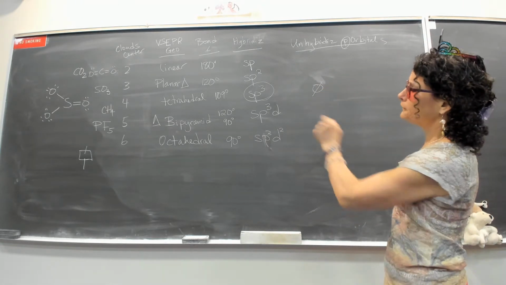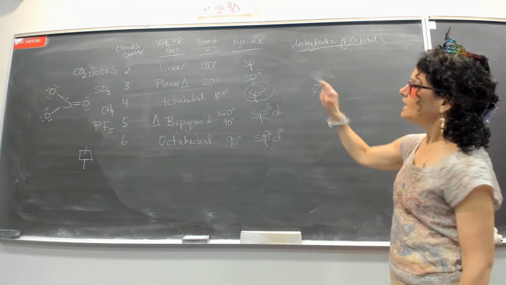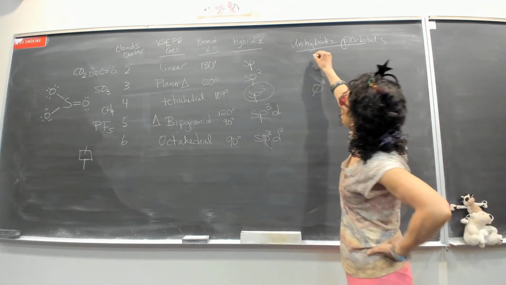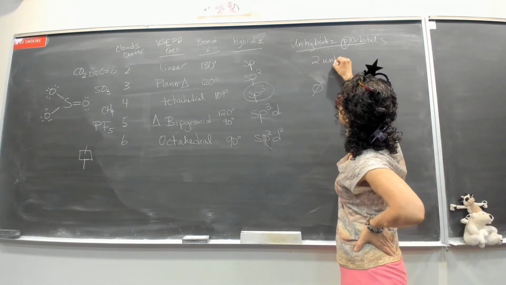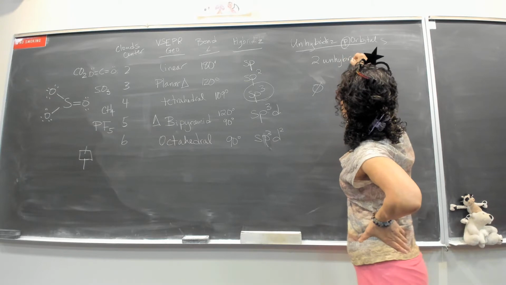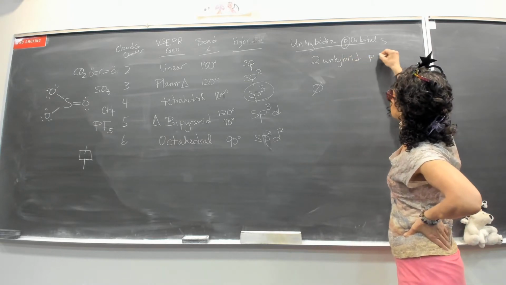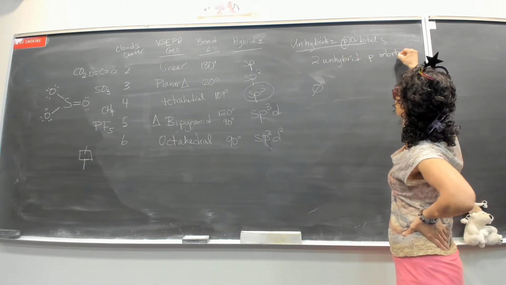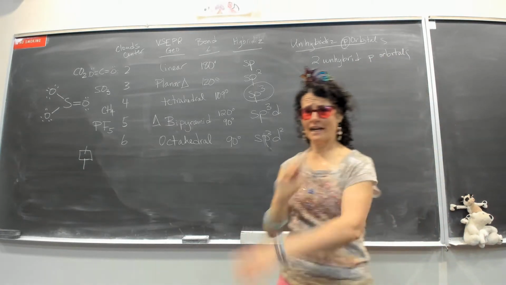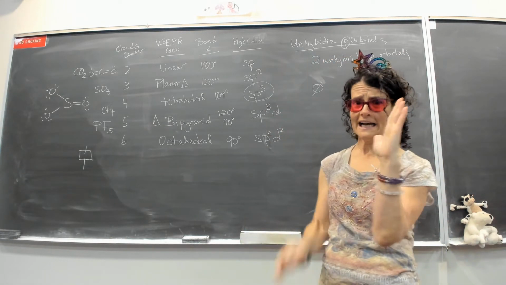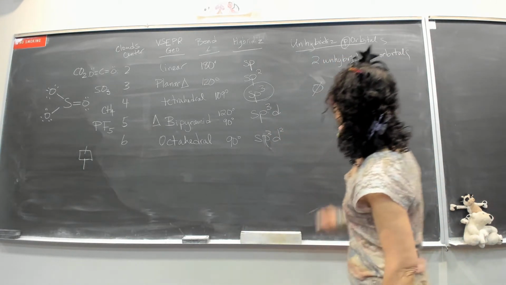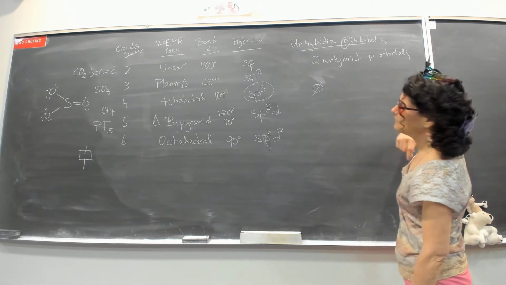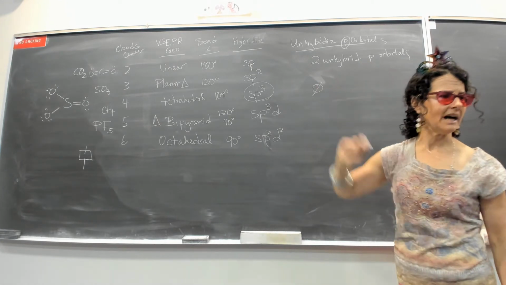But you can see in our first 2, there's 3 P orbitals. When we make the sp, there's still 2 unhybridized P orbitals. They're still in their original 90-degree along the y-axis and z-axis. And so these are going to be the ones that make the pi bonds. This is where pi bonds come from.